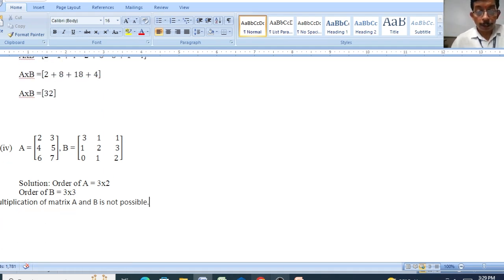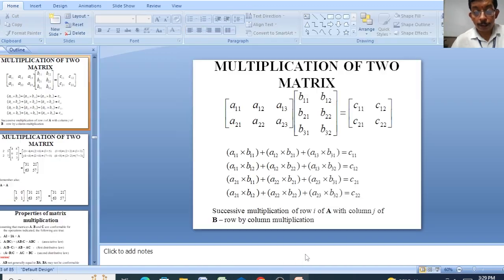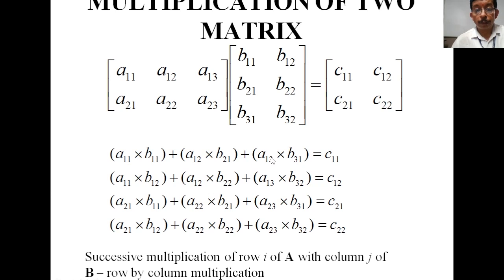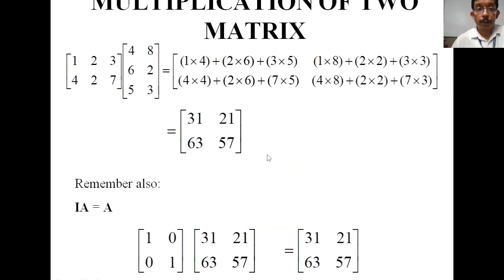Now we come to the next slide. The example of multiplication is also given here. The number of rows is 2 and the number of columns is 3. Here the number of rows is 3 and the number of columns is 2. The number of columns is 3 and the number of rows is 3, so the multiplication is possible.